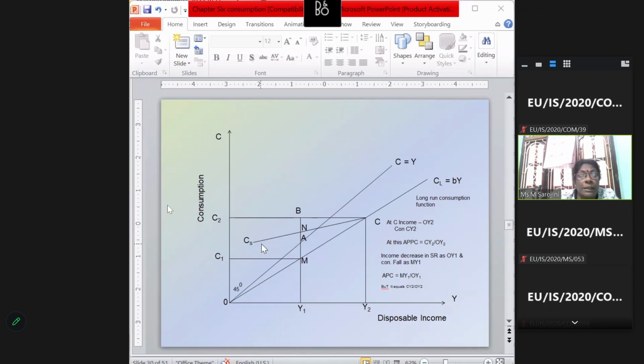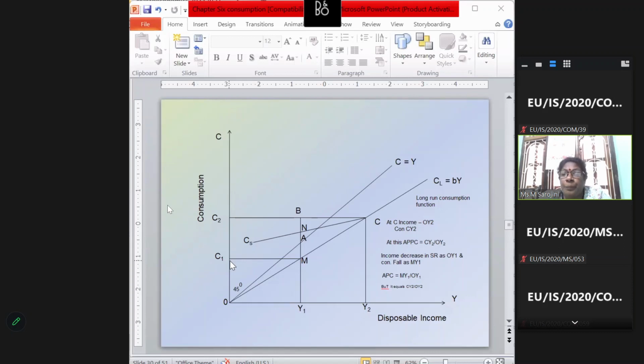Therefore, the consumption only decreases to the Y1 level rather than C2 to C1, because the households resist the decrease in their standard of living.